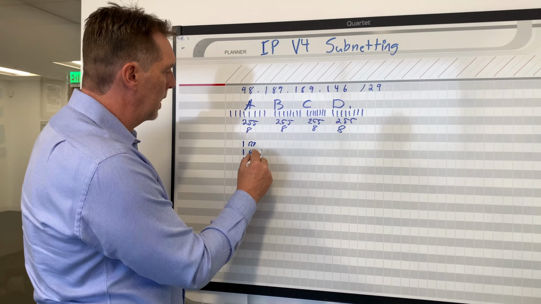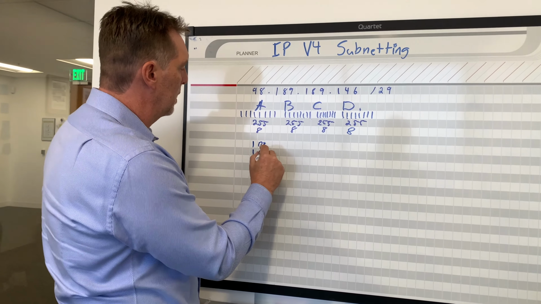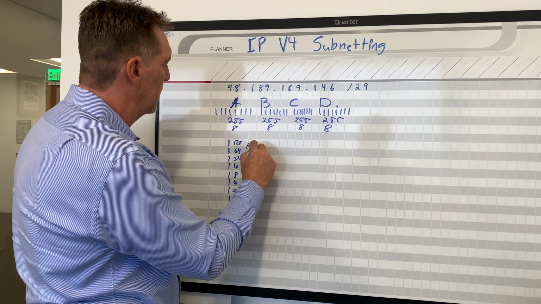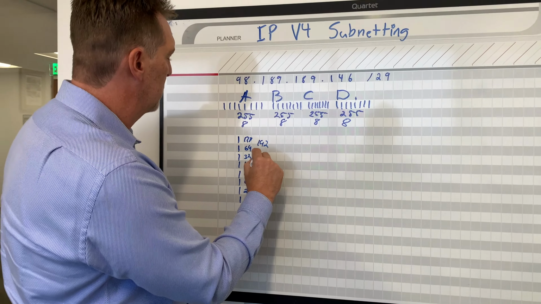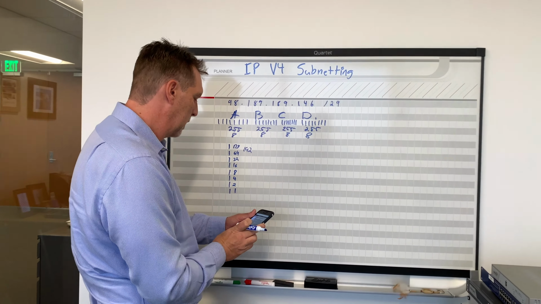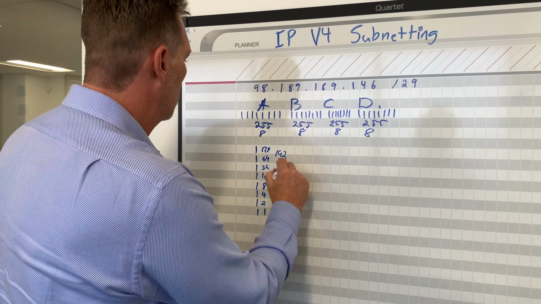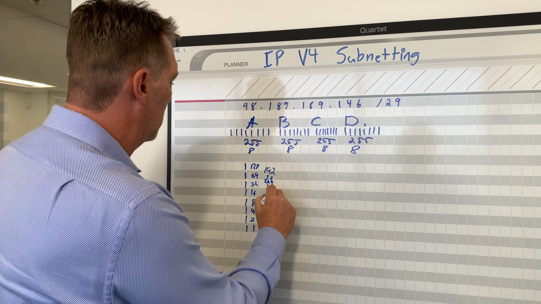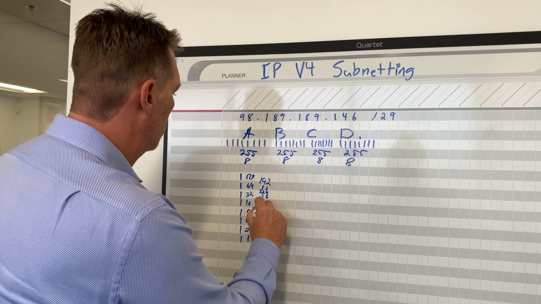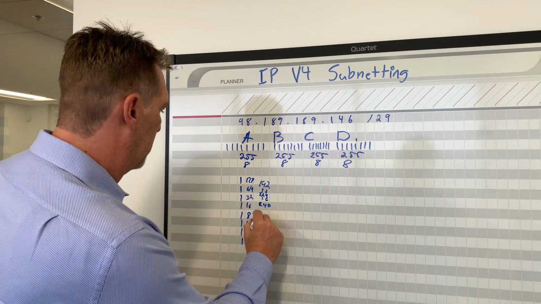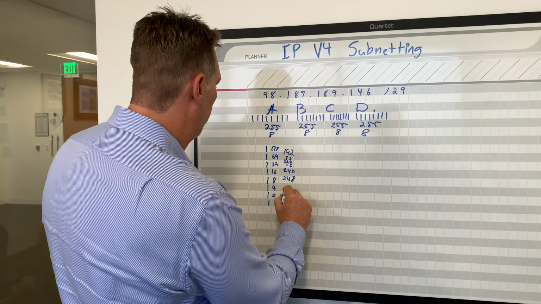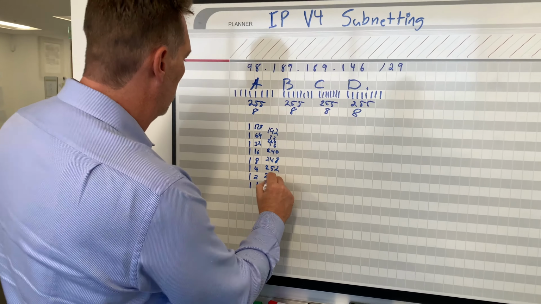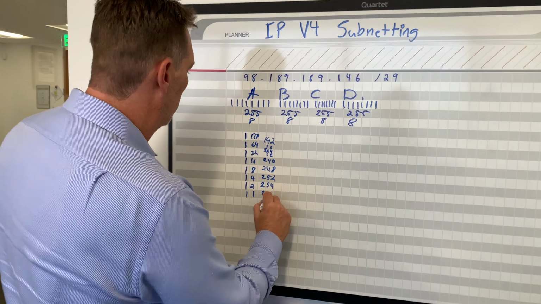So we'll go in here, we go 128 plus 64 is 192. It's going to be 224, plus 16 is going to be your 240, plus 8, 248, plus 4, 252, plus 2, 254, plus 1, 255.